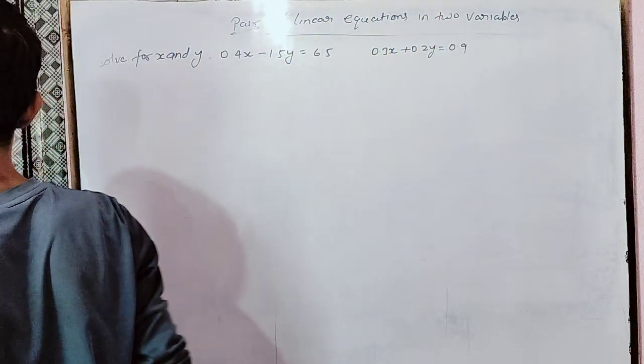So finally we have this question. We will apply the elimination method, but before that we will simplify. We will remove the decimal from both the linear equations. How to do? How to remove a decimal in both?